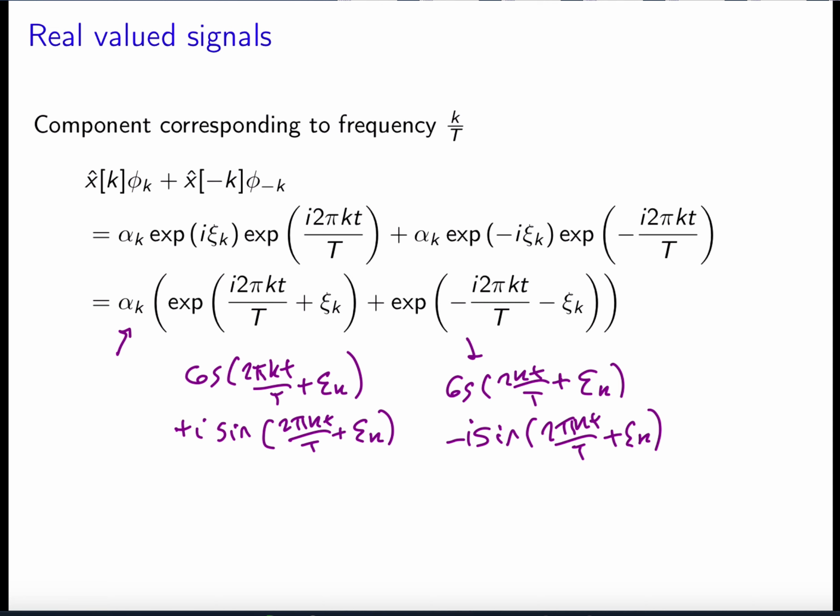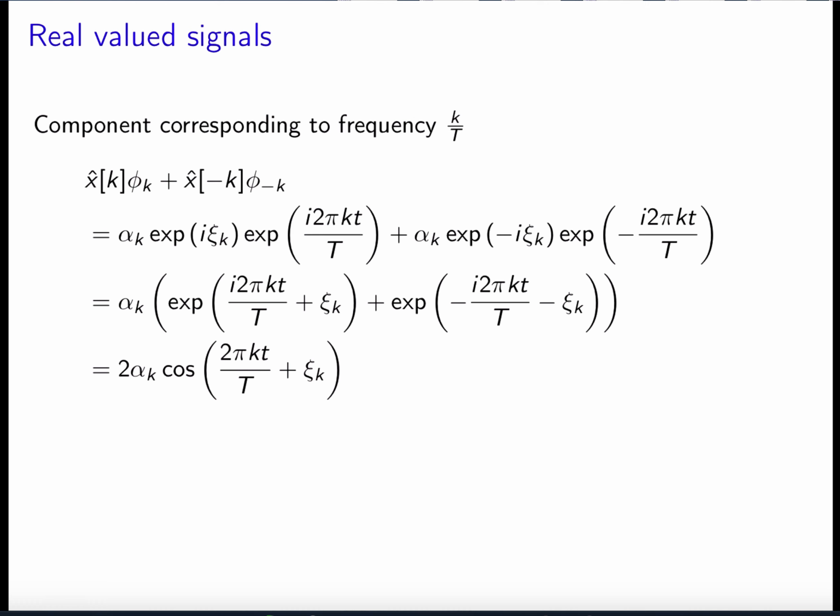So the sine components cancel out, and we get 2 alpha k times a real valued cosine with a certain phase shift. And this is why we need both the component k and minus k in order to be able to represent those phase shifts.